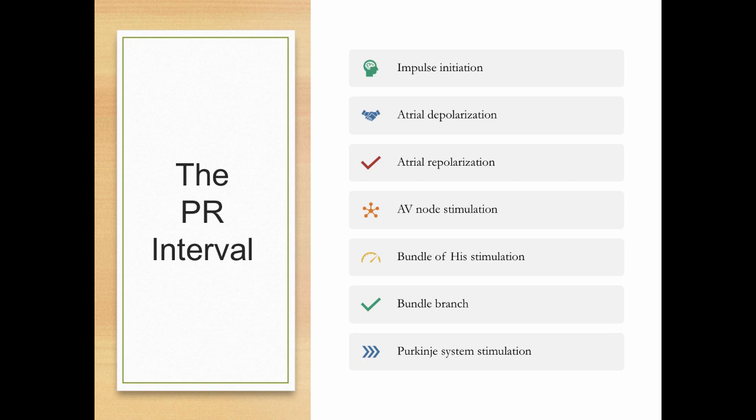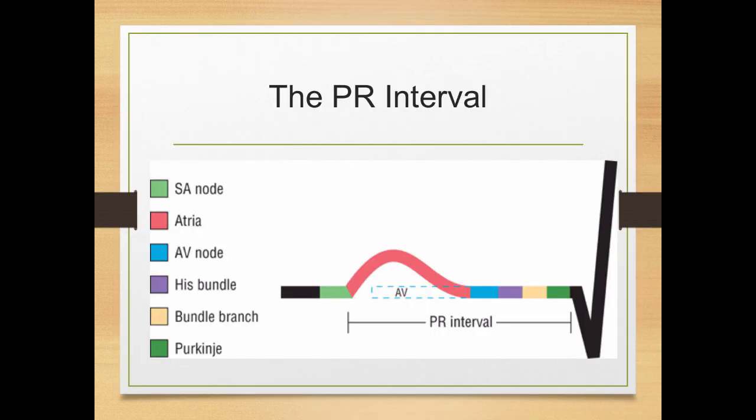It goes from impulse initiation from your SA node through atrial depolarization, through atrial repolarization in your TP wave, which is hidden a little bit, through AV node stimulation, through the bundle of His, through the bundle branches, through your Purkinje system into your ventricles. And when it hits your ventricles, then you get your QRS complex. But everything before that is all contained within your PR interval. And I think that's really cool.